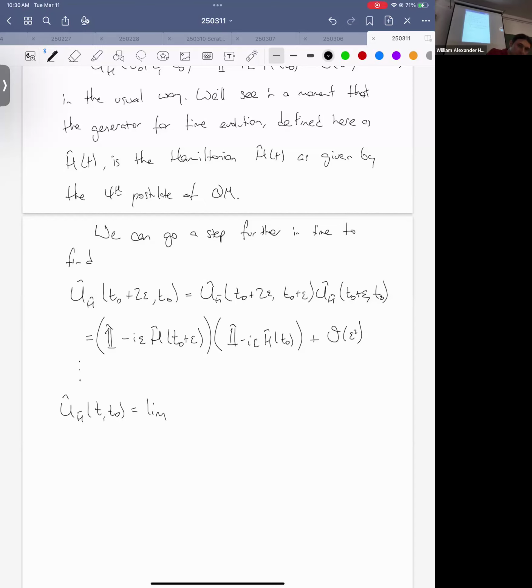It has to be the limit as capital N goes to infinity of the product, little n goes from 0 up to capital N minus 1, of one operator minus i (t minus t0) over capital N, Hamiltonian evaluated at t0 plus little n times (t minus t0) over capital N, plus order epsilon squared.